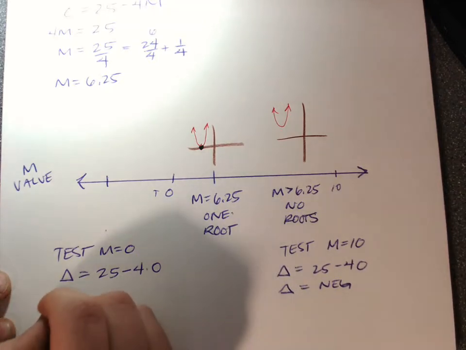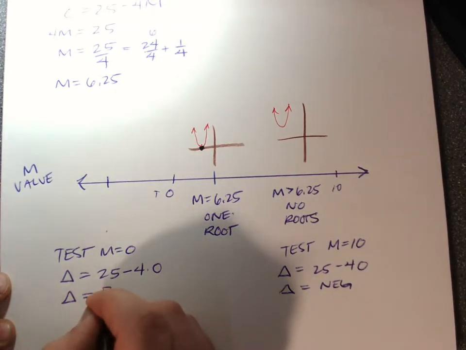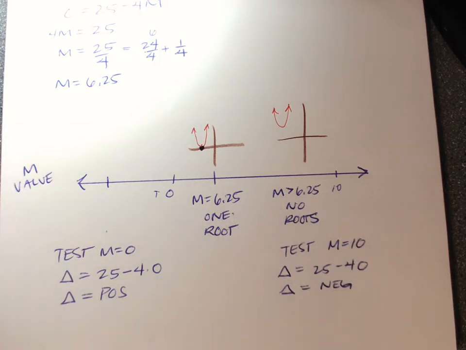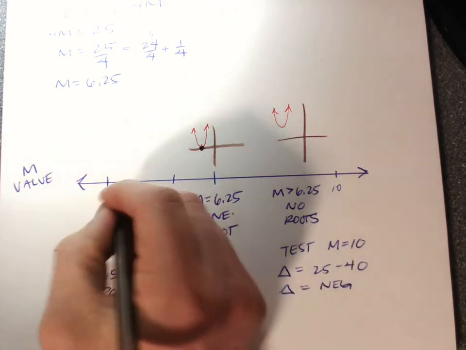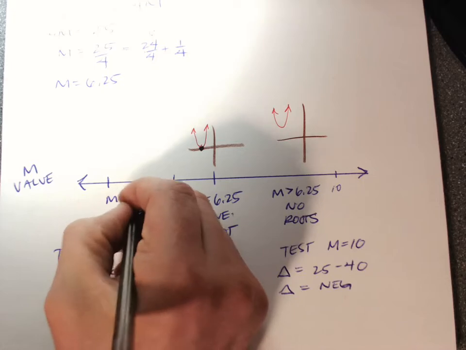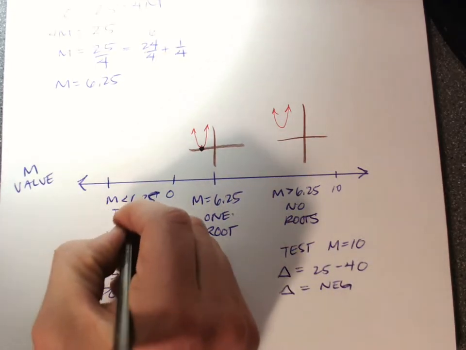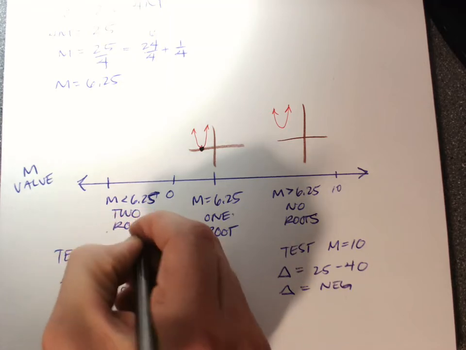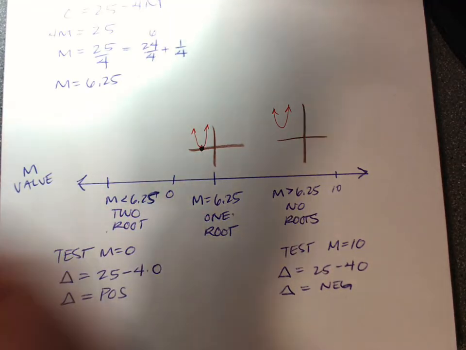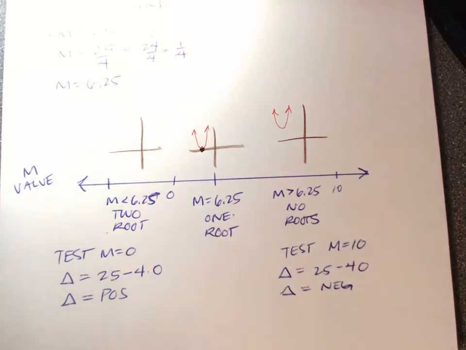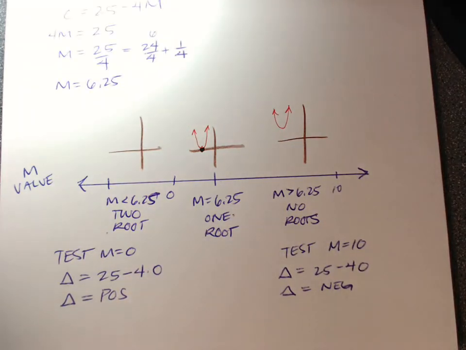And that, I don't care what number it is, it's positive. Okay, and that suggests that any number less than 6.25 makes 2 roots. Again, don't know where they are, but there'll be 2 of them for any value less than 6.25.